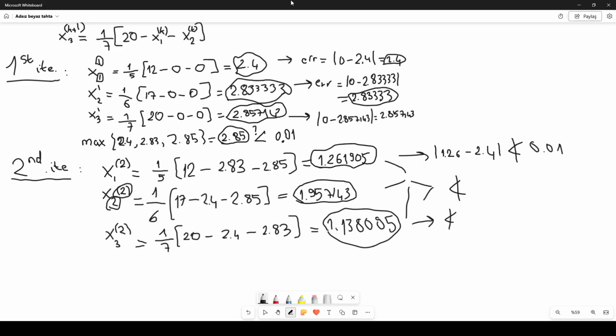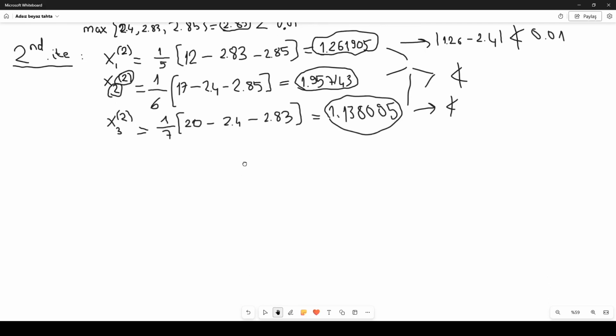Of course I will not continue forever in this manner. At some point we will stop. That's why we have a termination criteria. And in this manner you keep going until when? Well, let's keep going until the 7th iteration.